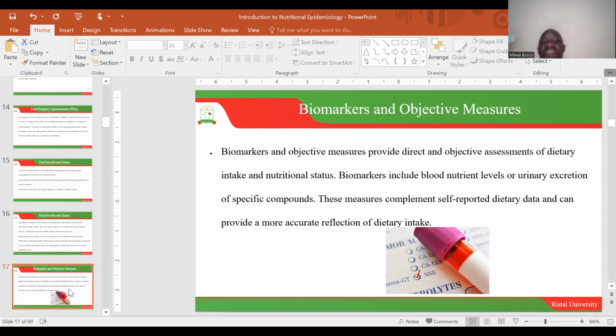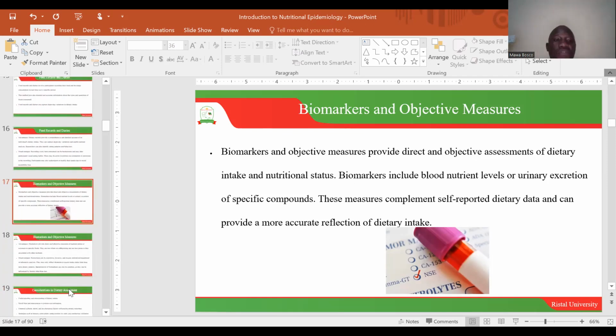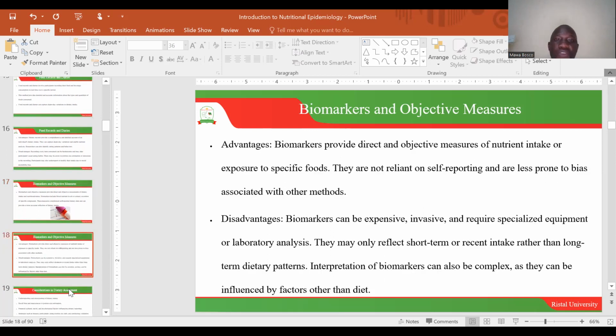This gives us a comprehensive understanding of the levels of particular nutrients in your body. It is objective because you are the one who takes the sample and the measurements. So it is very objective, very accurate. It does not rely on what people tell you, so the bias problems are minimized in this case.